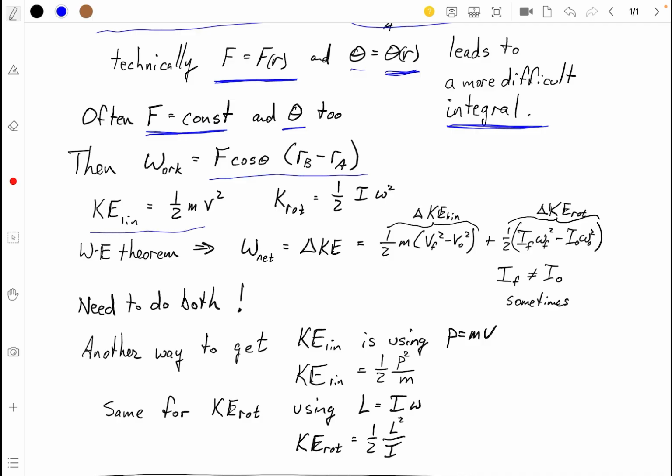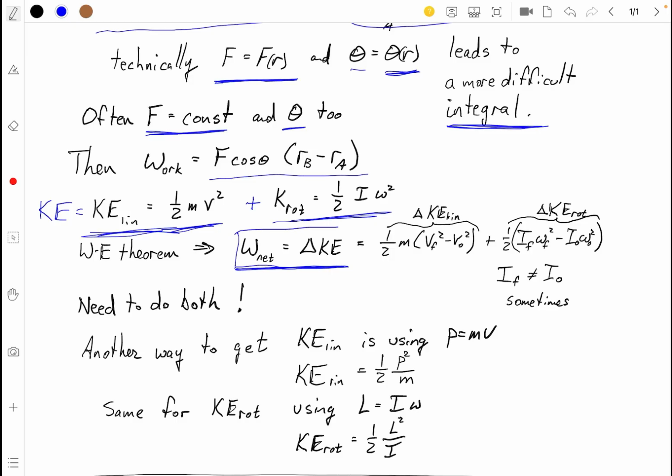First of all, you have to remember you've got your linear kinetic energy and your rotational kinetic energy. So when you add these things together, that gives you your total kinetic energy. Okay, you got to add them together. So work net, this is the kinetic work energy theorem.